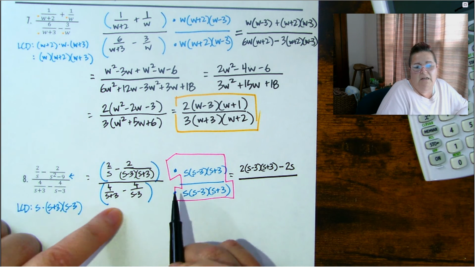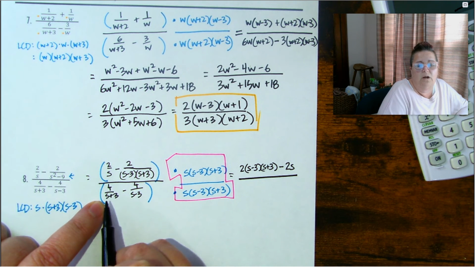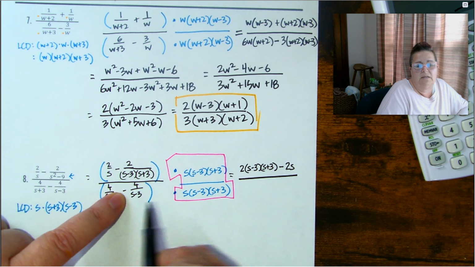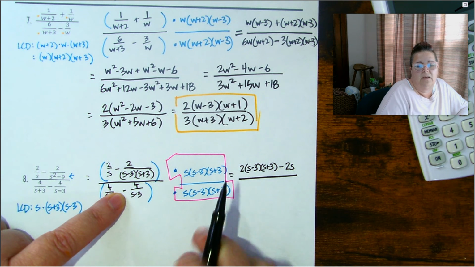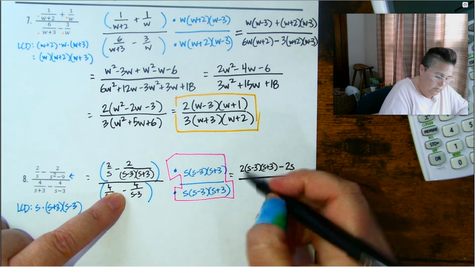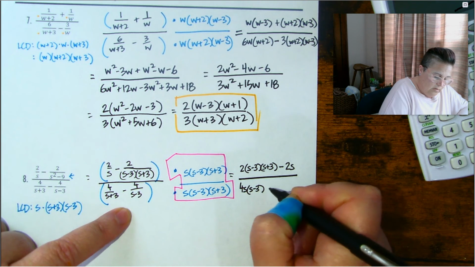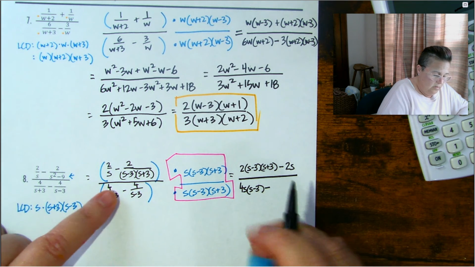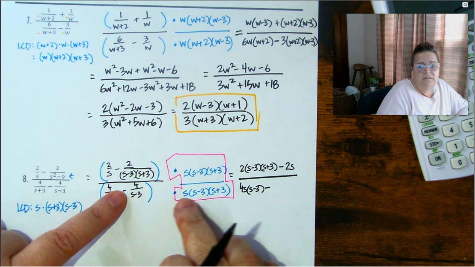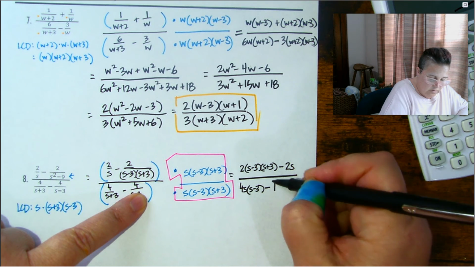In the denominator, if I multiply all of this by the term 4 over s plus 3, it is the s plus 3's that will cancel, leaving us with 4s, s minus 3, minus 4 over s minus 3. It's the s minus 3's that will cancel, 4s, s plus 3.